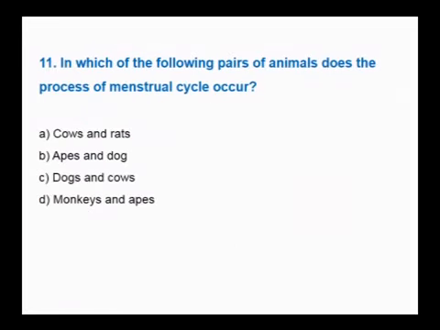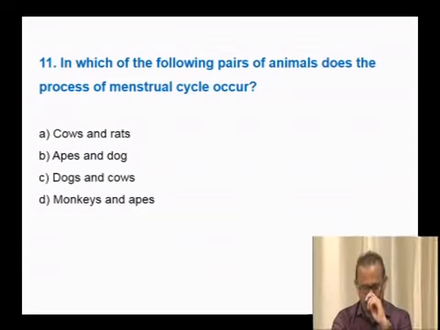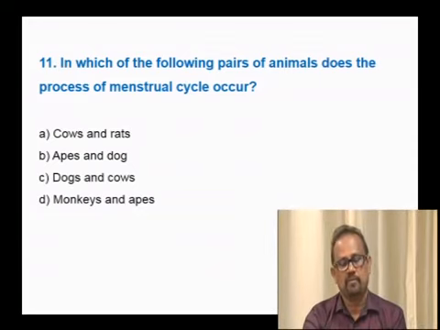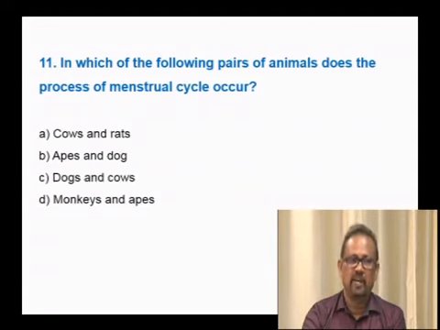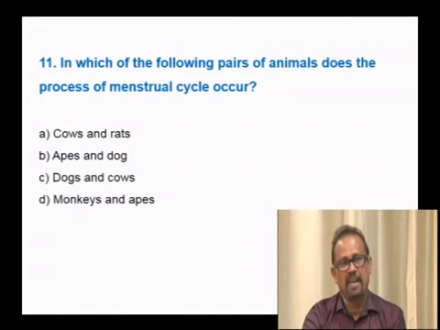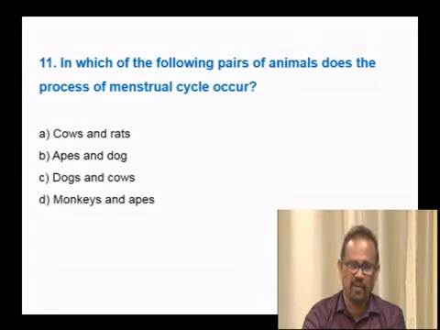In which of the following pairs of animals does the process of menstrual cycle occur? See, menstruation is the cyclical changes that occur in the ovaries, which we call the ovarian cycle, and in the accessory reproductive duct, mainly in the uterus, which we call the uterine cycle.